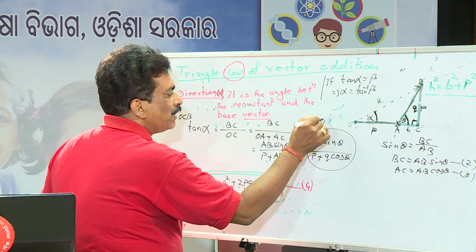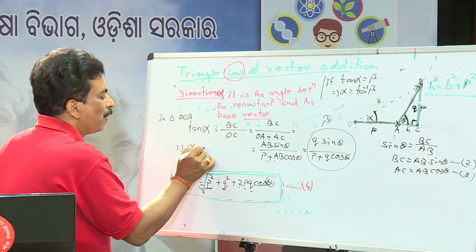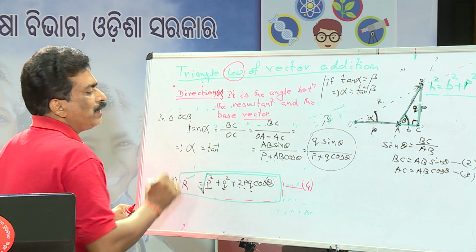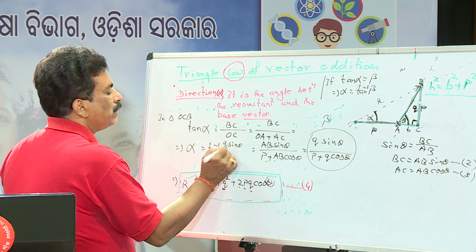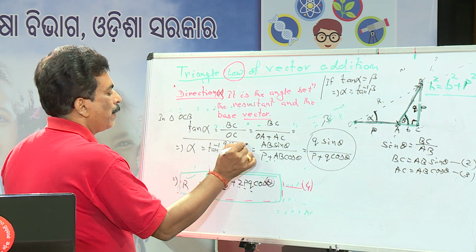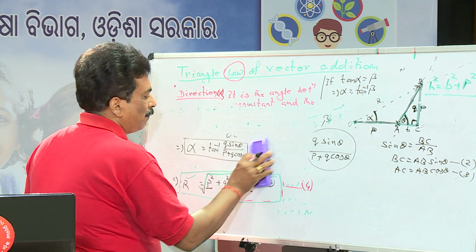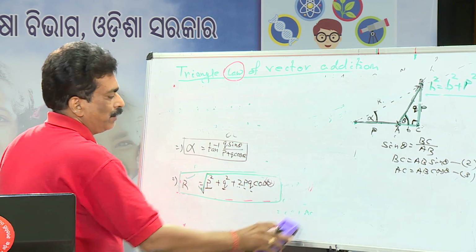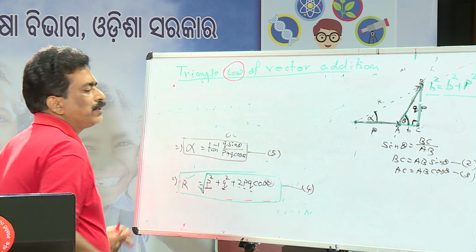If this whole expression is beta, then tan alpha is equal to beta, then alpha is equal to tan inverse of beta, where beta is Q sin theta by P plus Q cos theta. This is the value of alpha. So that we completed in equation 4. Let us give this as equation 5.